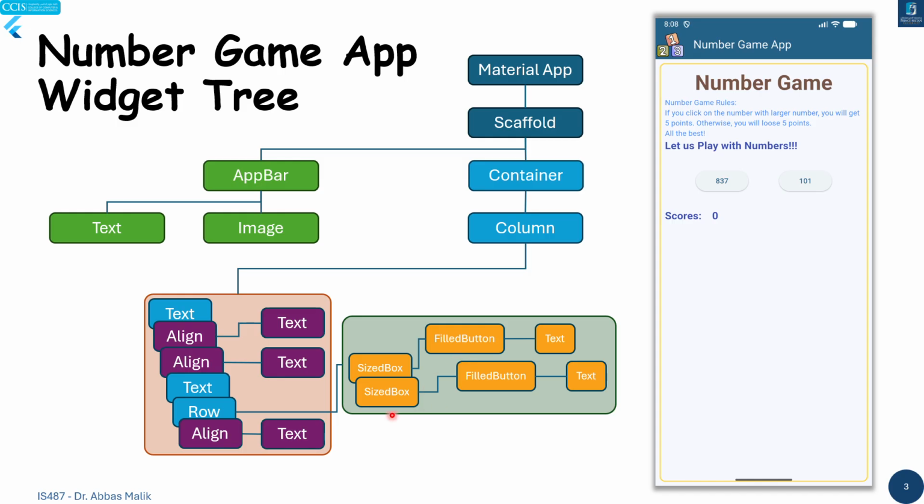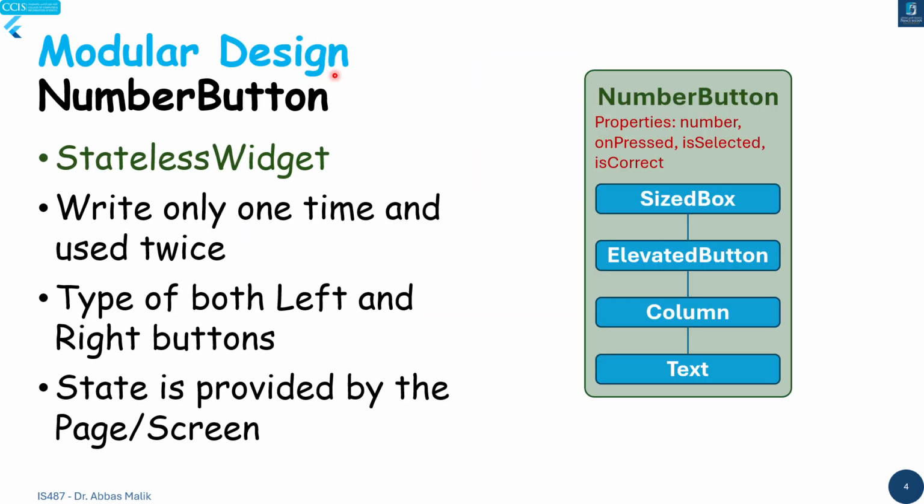First of all, let's make these button widgets a customized widget. We add a new class or new file inside our project under the widgets folder, called number button. That number button has properties like number, on press, is selected, and is correct.